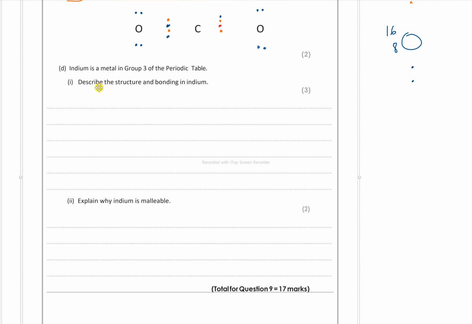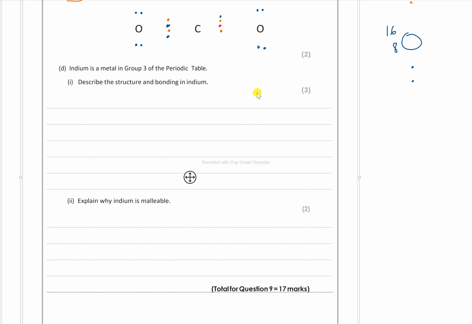Indium is a metal. Describe the structure and bonding in a metal. So what we can say is that we're not interested in what's holding it together. Right, we're just interested in its structure. That's weird, that is, but okay, that's what they've said.